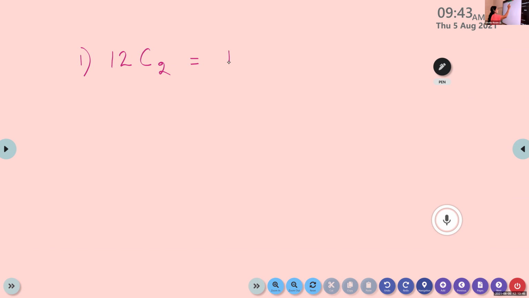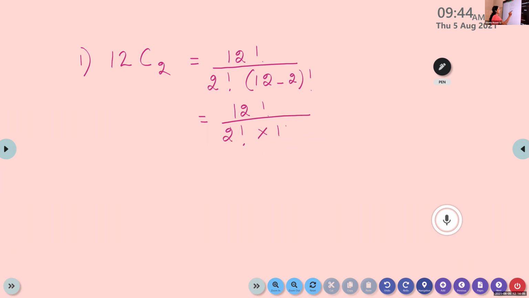By definition, it is 12 factorial by 2 factorial into 12 minus 2 factorial. So we get this as 12 factorial by 2 factorial into 10 factorial.